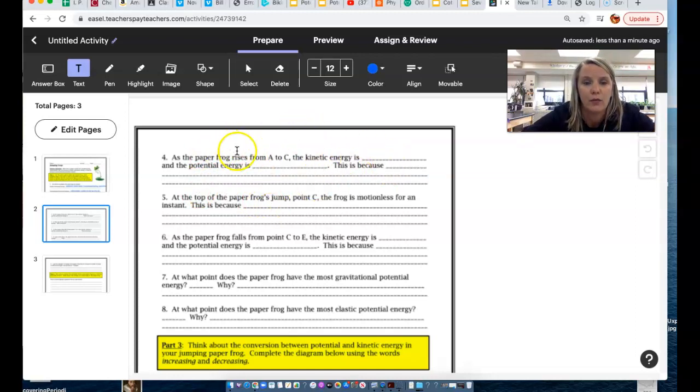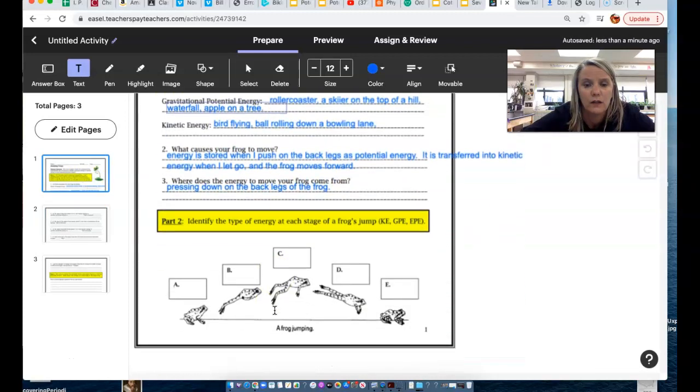So as the paper frog rises from A to C, right down here, what's happening to the kinetic energy? Is it increasing or decreasing here? And what about the potential energy? Is the potential energy increasing or decreasing here? And why? Why do you think that is?